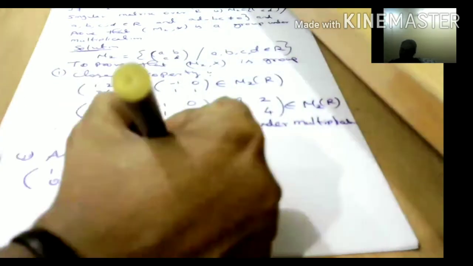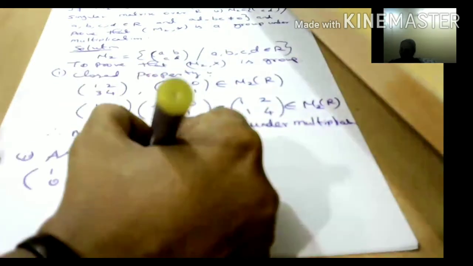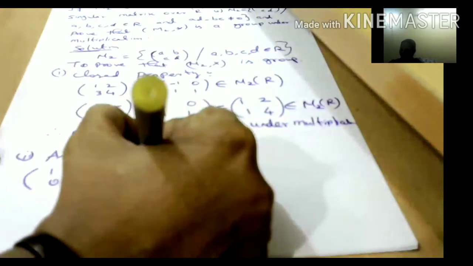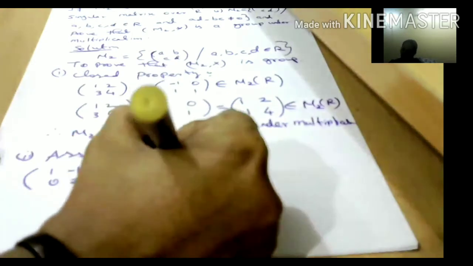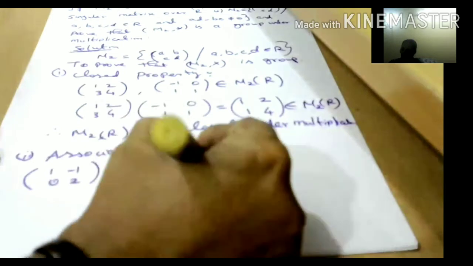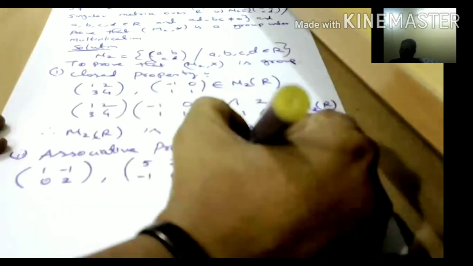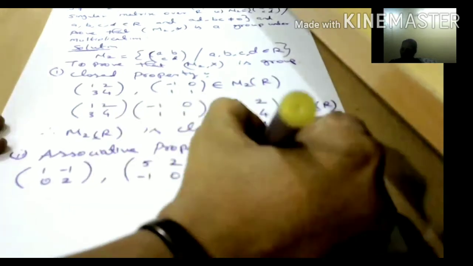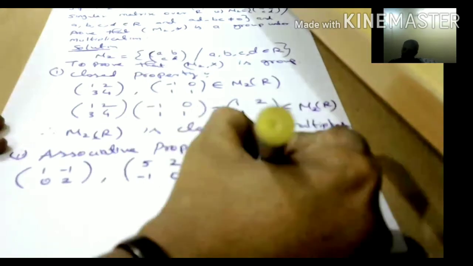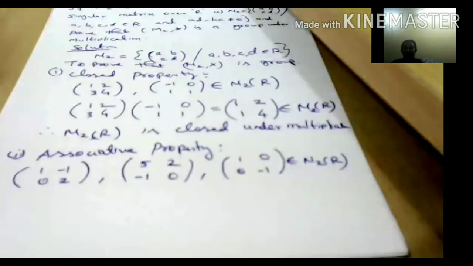The second matrix, you can take any one: [5, 2; -1, 0]. Then the third matrix is [1, 0; 0, -1]. These belong to M2 of R. So we are checking the associative property now.